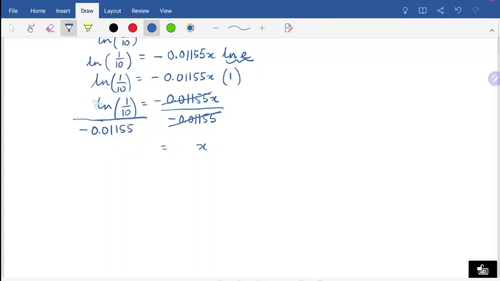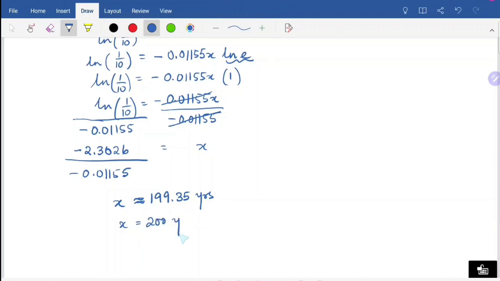If you run ln of 1/10 through your calculator, it should give you negative 2.3026 divided by negative 0.01155, and x will therefore evaluate to approximately 199.35 years, which you can round to 200 years perhaps, all right?